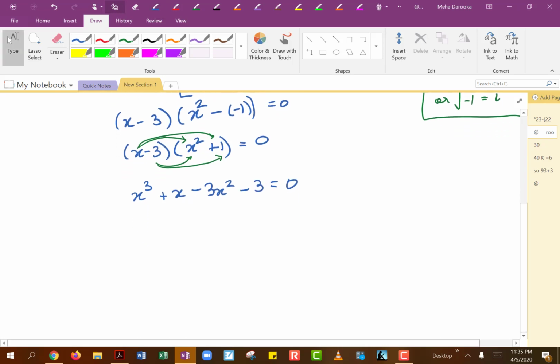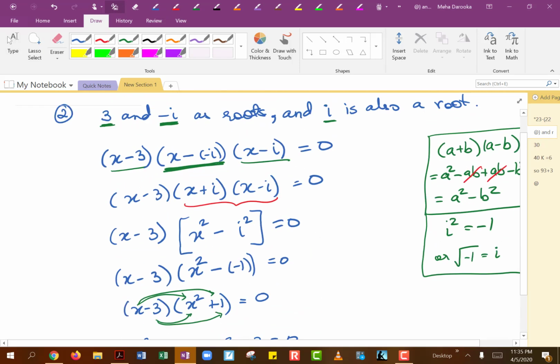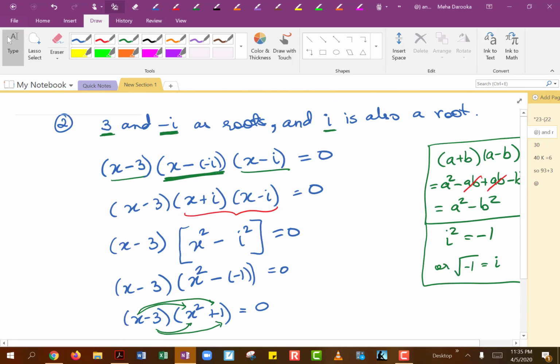Now just clean this up. Put this in order from the highest degree to the smallest one. So you will have x cubed as our first term, then minus 3x squared plus x minus 3 equals 0. And this is what they were asking us to find: our polynomial equation where the roots were positive 3 and negative i.